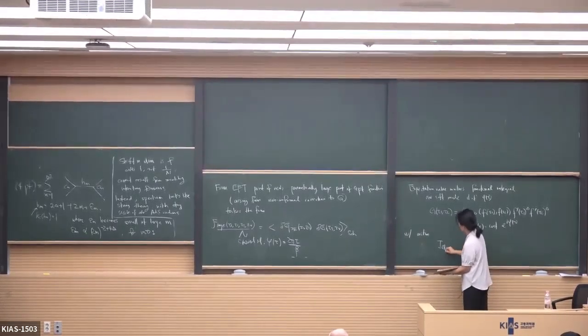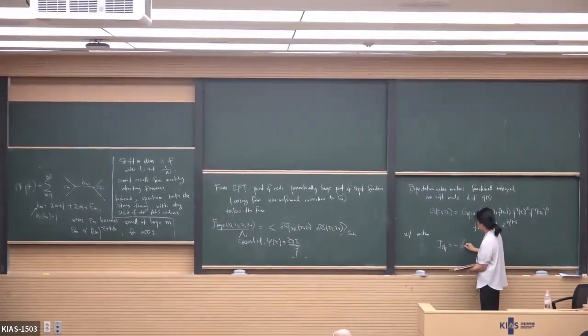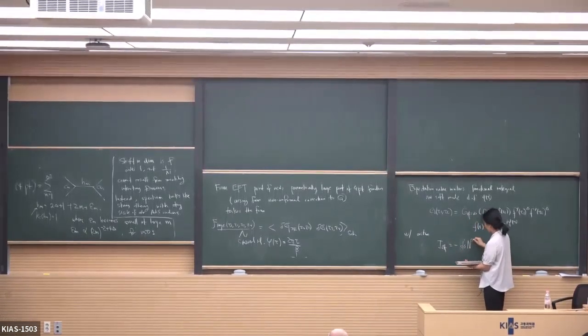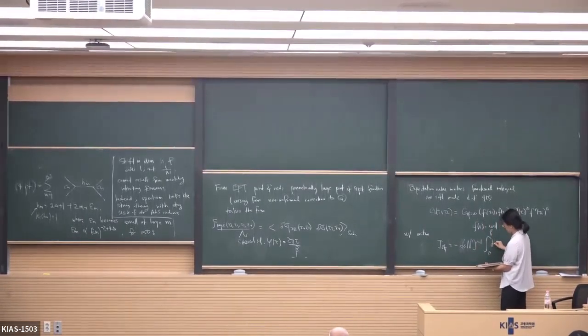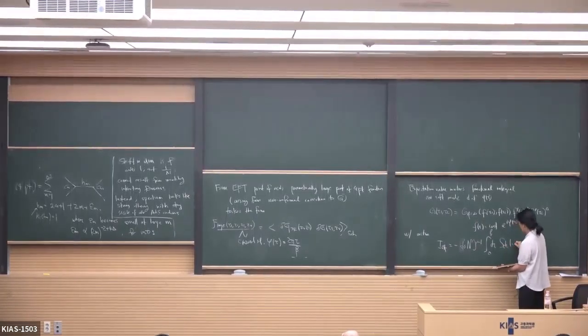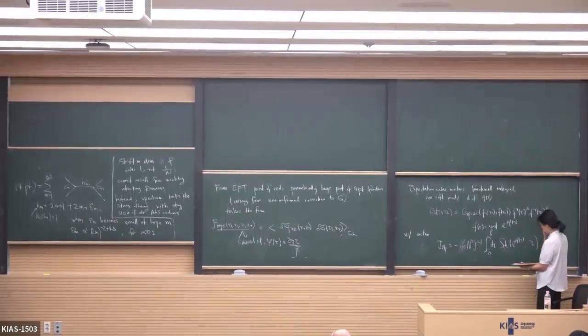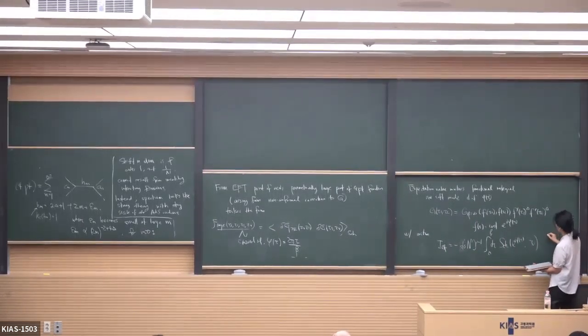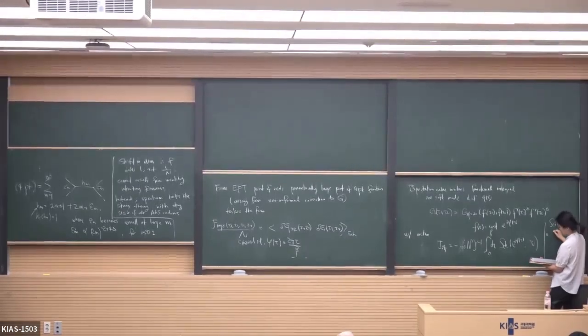So the effective action is minus some constant times large N, J inverse, integral from 0 to beta d tau, Schwartzian of e to the phi of tau, tau. Well, we wrote down the definition earlier. Hopefully you can look that up.